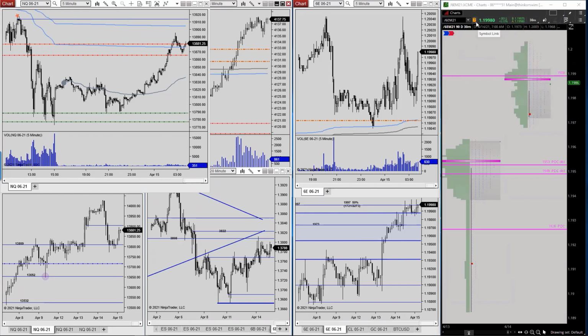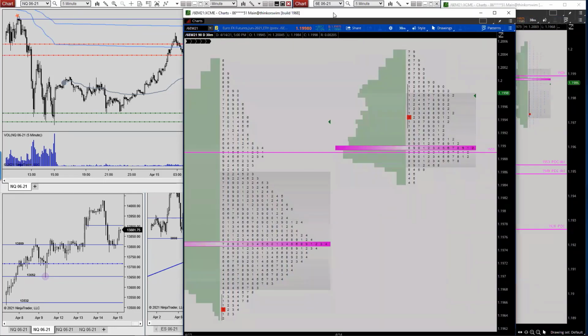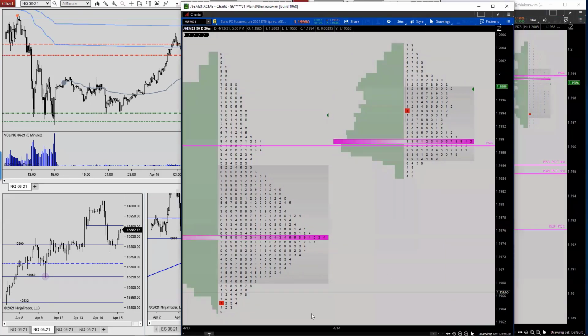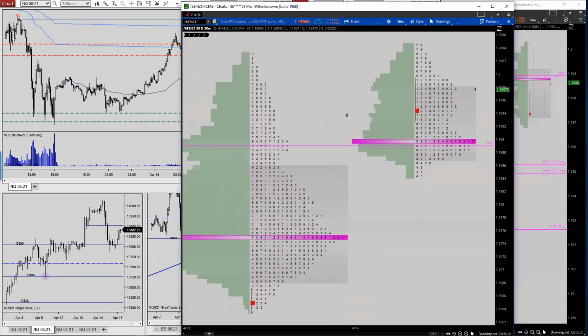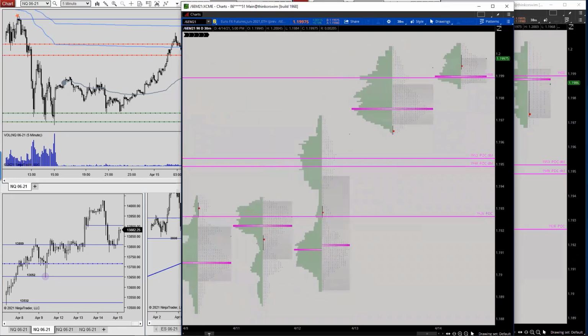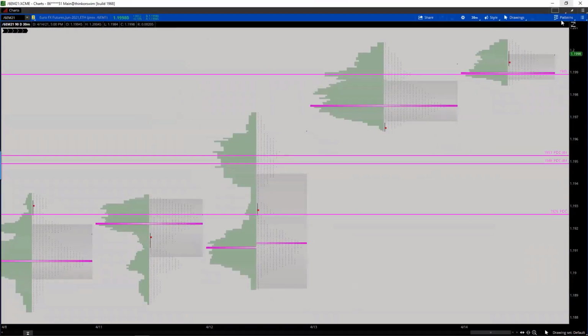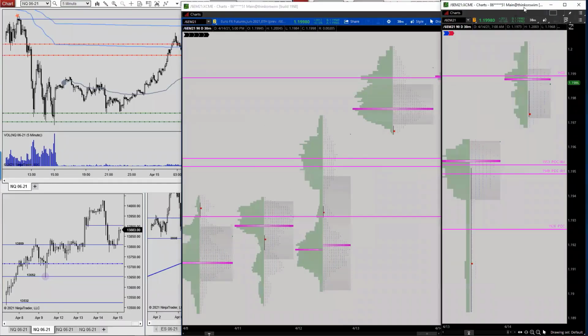So what I did was change the profile to encompass the entire session, from where it opens up electronically at 6 p.m. Eastern, through the Asia session, the European session, and on to the U.S. session. Let's take a look at the euro.